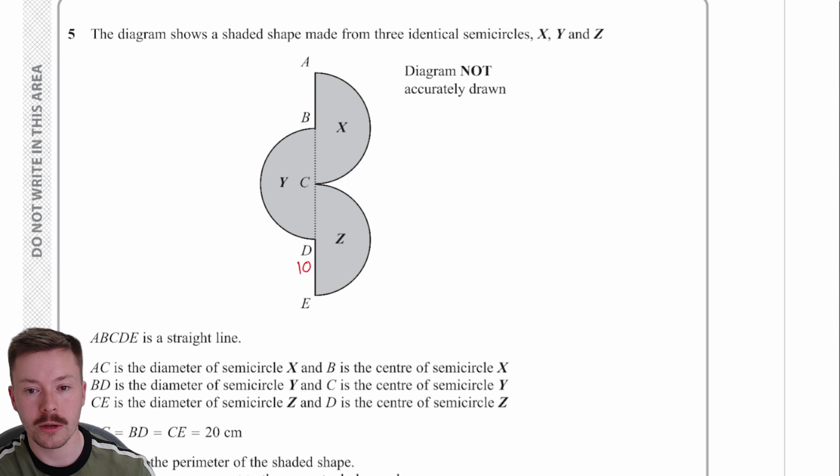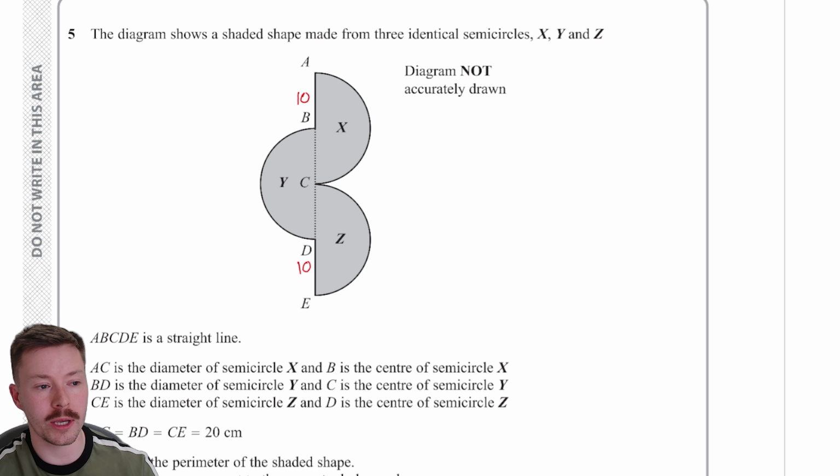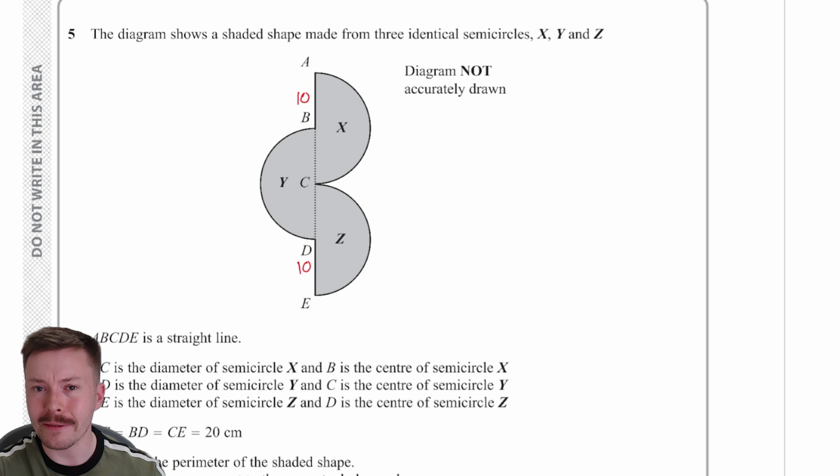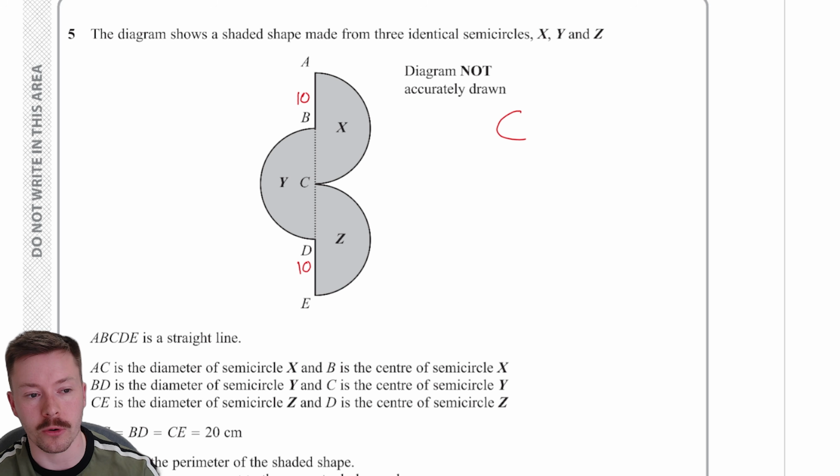Similarly, A to B also has to be 10. What we then need to do is work out the arc length of the semicircle, the curved part. To get our full circumference, there are 2 formulas you could use.